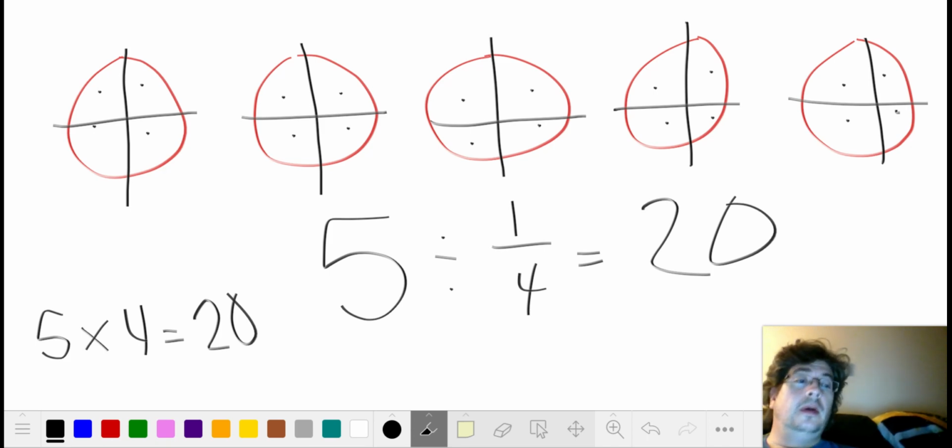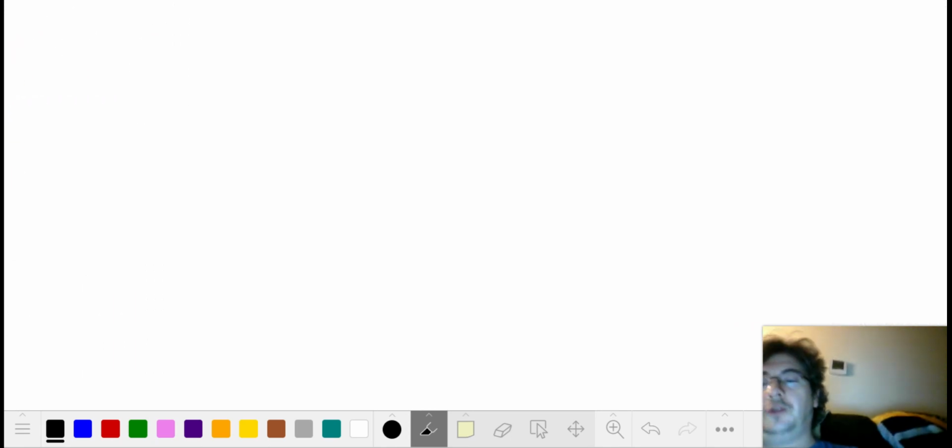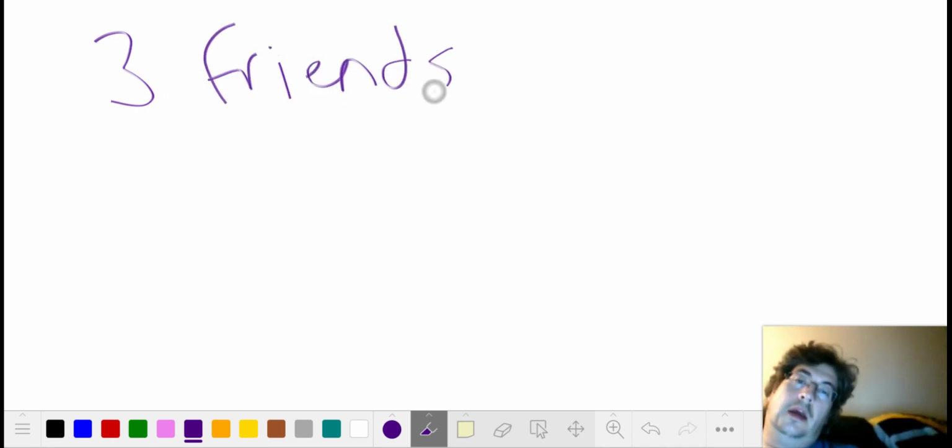Okay, let's take a look at the other situation where we're dividing a fraction by a whole number. And again, we can use food. So let's say we got 3 friends and they're sharing a watermelon or part of a watermelon.